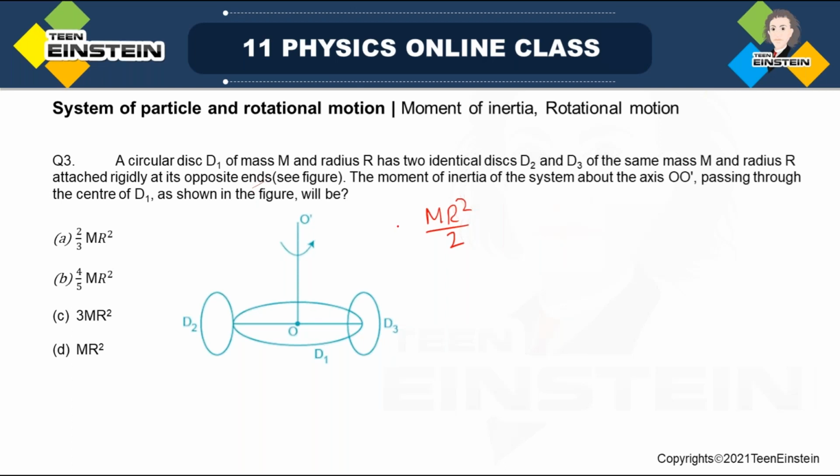So we can find out the moment of inertia of this one very easily. Now, D2 and D3 are the disks at the ends of D1, and the moment of inertia of those two about axis O prime. This axis is actually parallel to the diameter of the disk.